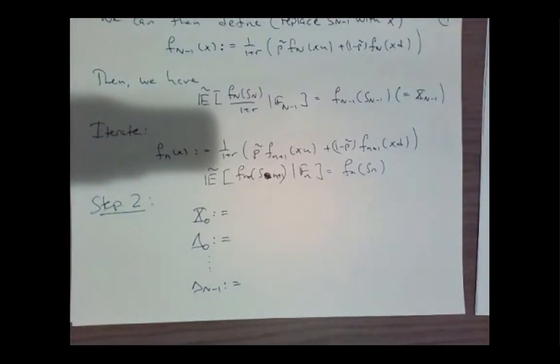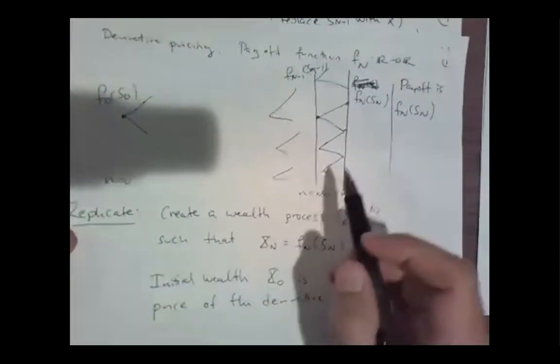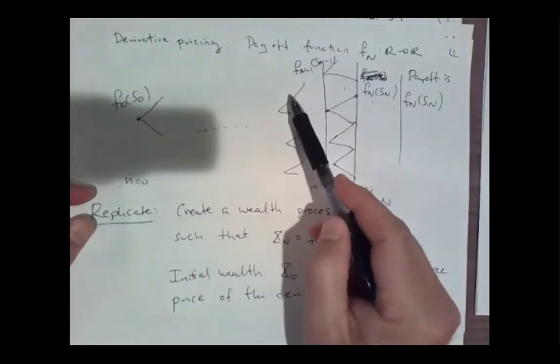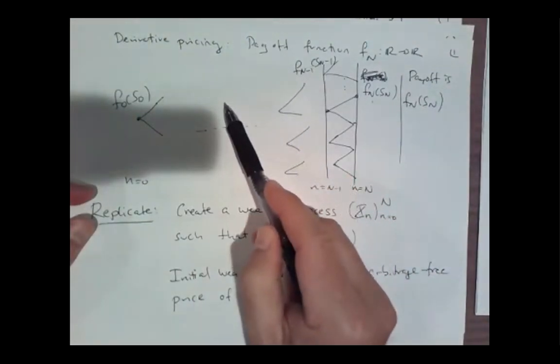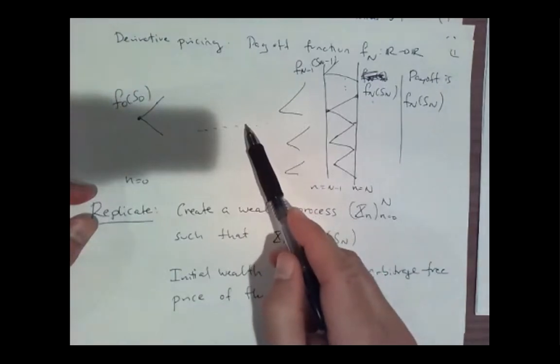This might not be completely obvious, but keep in mind what we are thinking. We are thinking that these functions, as we move backward in the tree, represent wealth at these different time points.